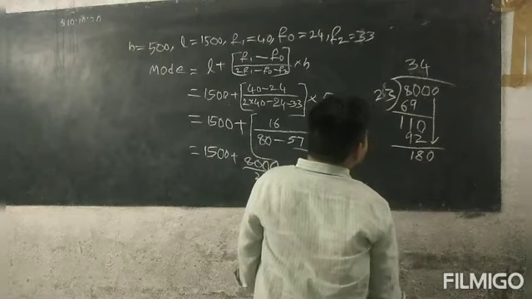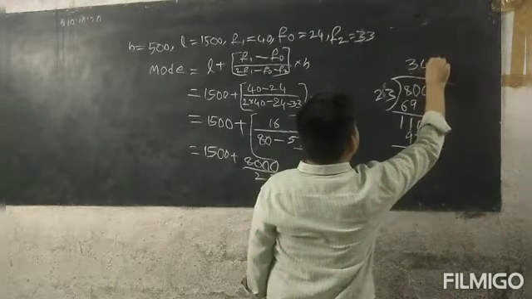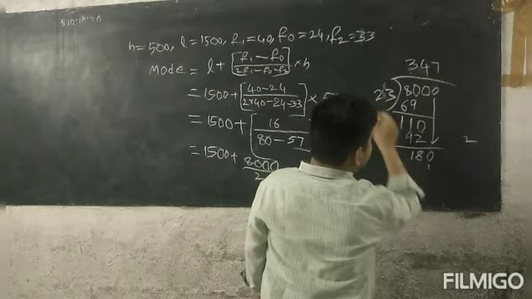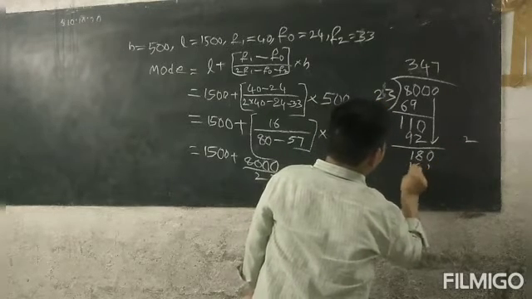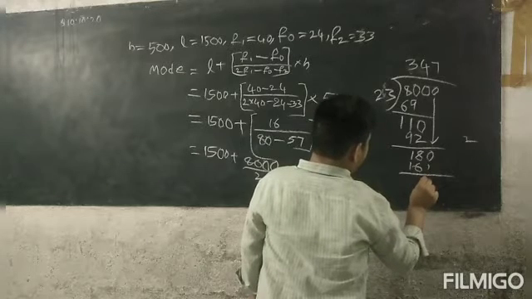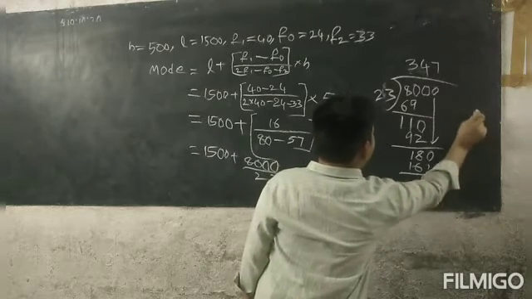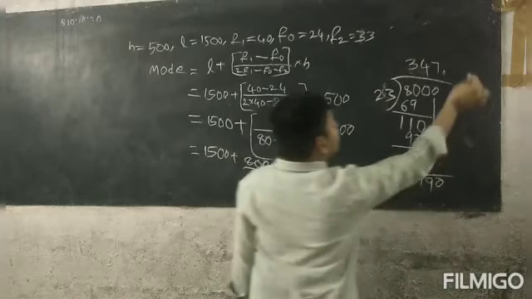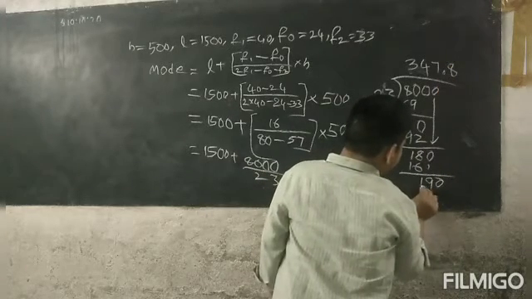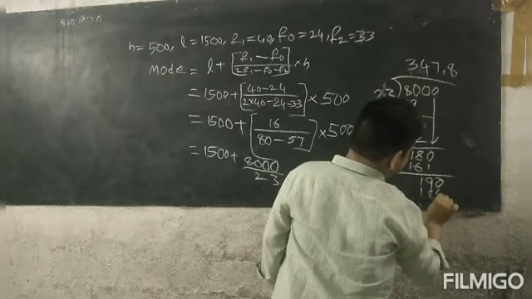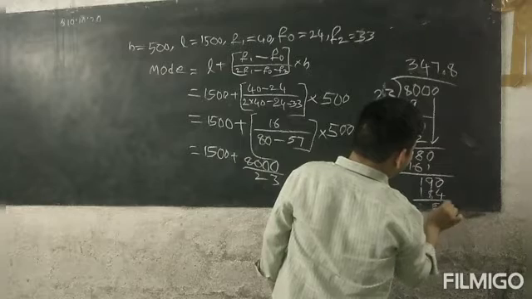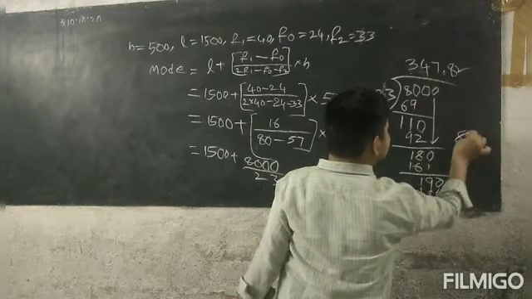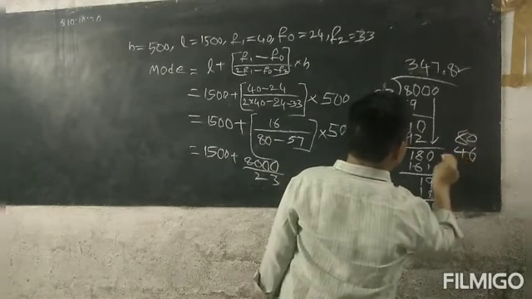Now 180. 23 sevens are 161, again 19. Now put a point, 0. 23 eights are 184, 23 twos are 46. This is repeating.